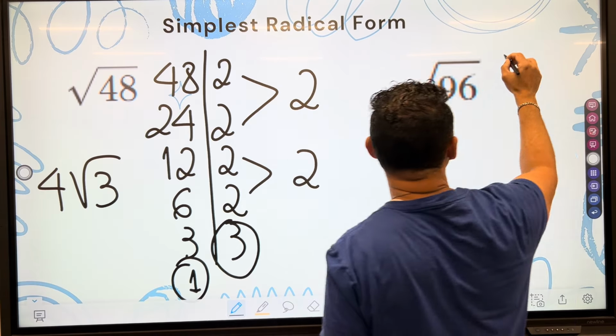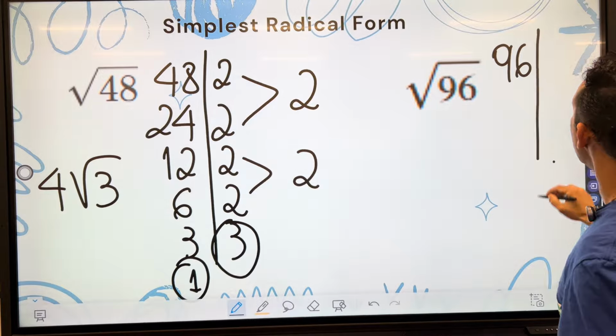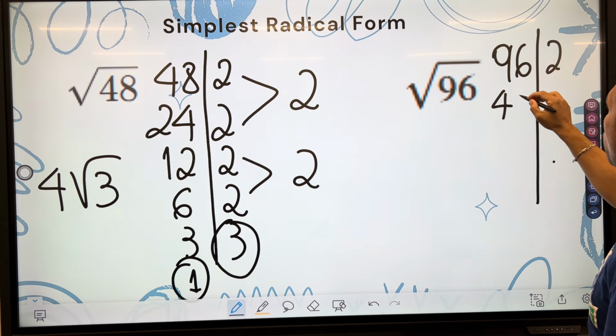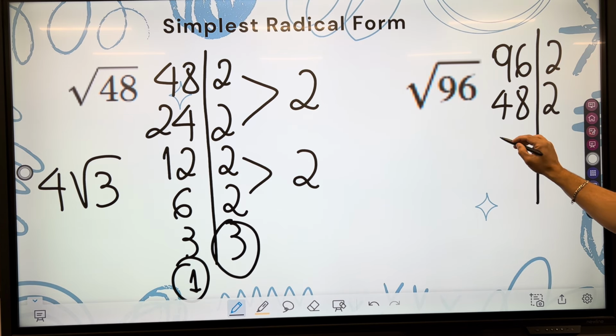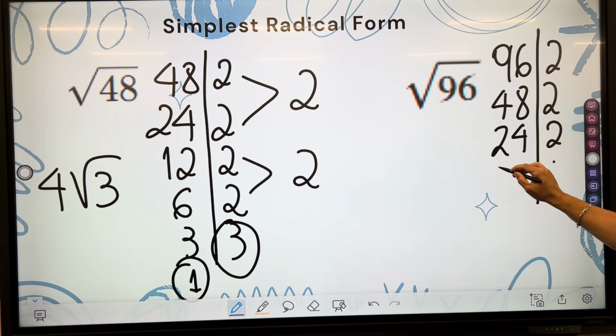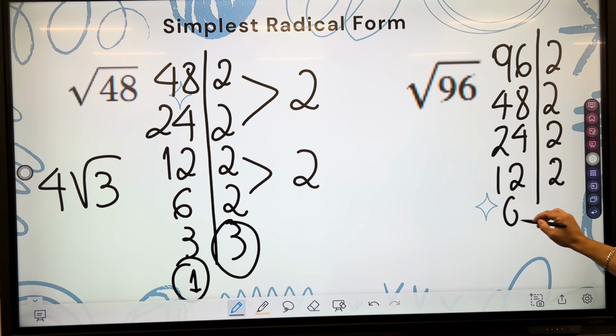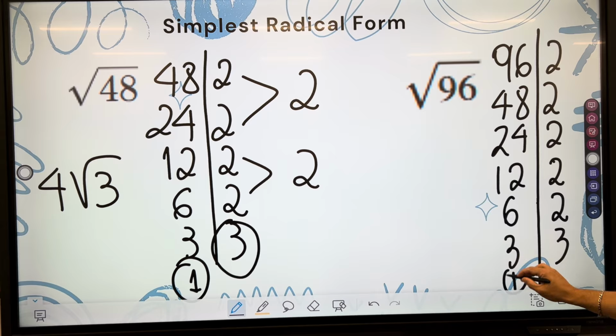Let's check for 96. We go by 2, then we get 48. We just did 48, so we go quicker: 24, 12, 6, 3, 1. Once we get 1 on this side, we count. 2 guys, that means 1, 2 out.